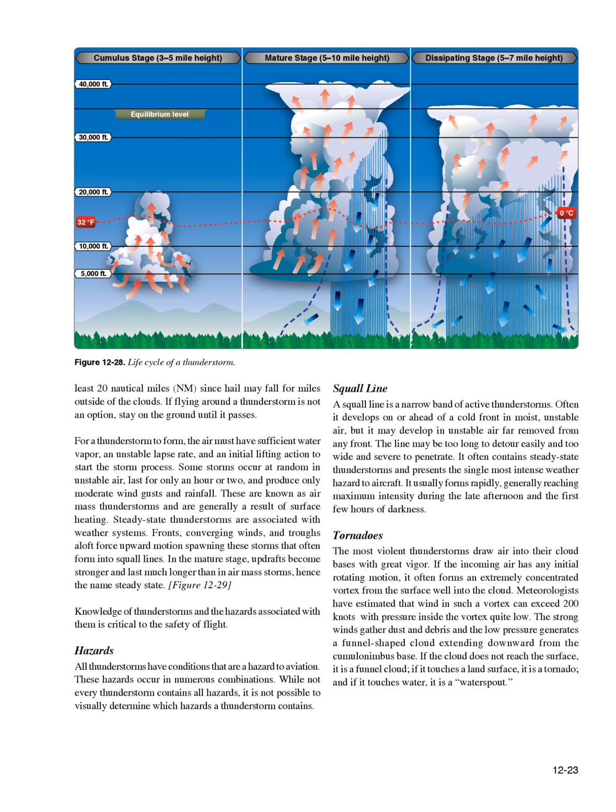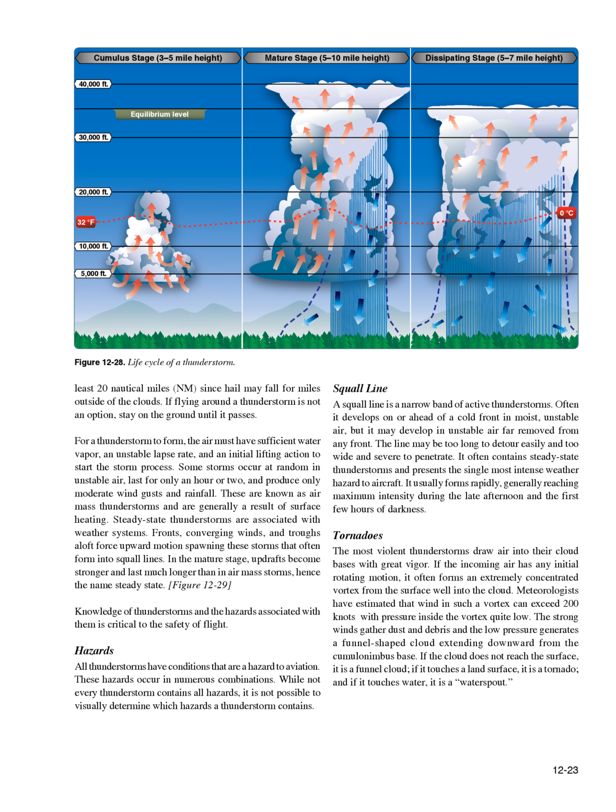Steady-state thunderstorms are associated with weather systems. Fronts, converging winds, and troughs aloft force upward motion, spawning these storms that often form into squall lines. In the mature stage, updrafts become stronger and last much longer than in air mass storms, hence the name steady state. Figure 12-29. Knowledge of thunderstorms and the hazards associated with them is critical to the safety of flight.